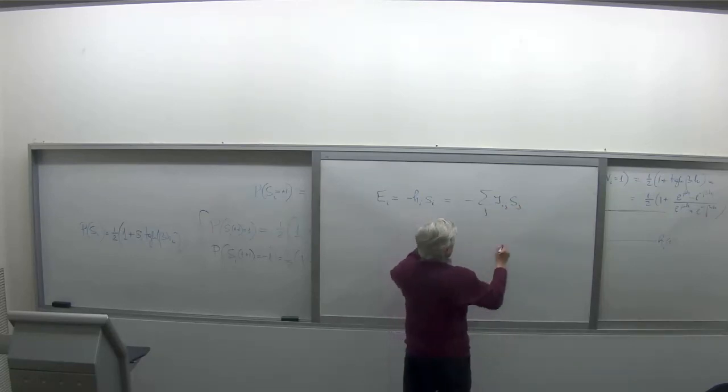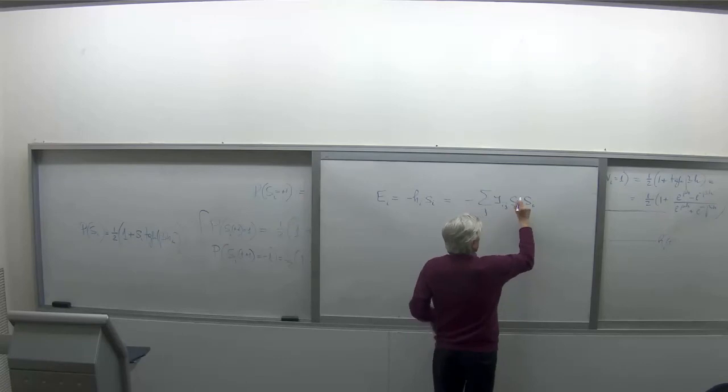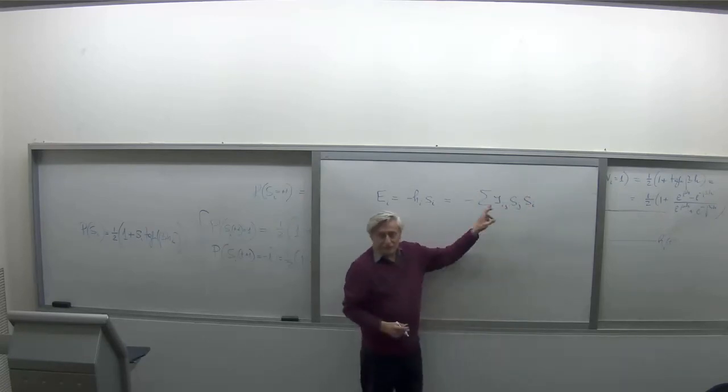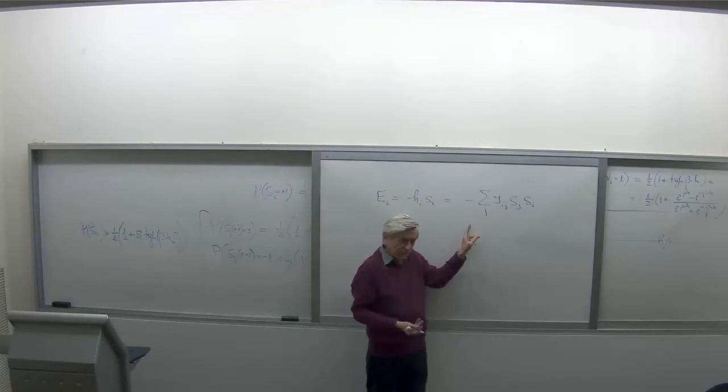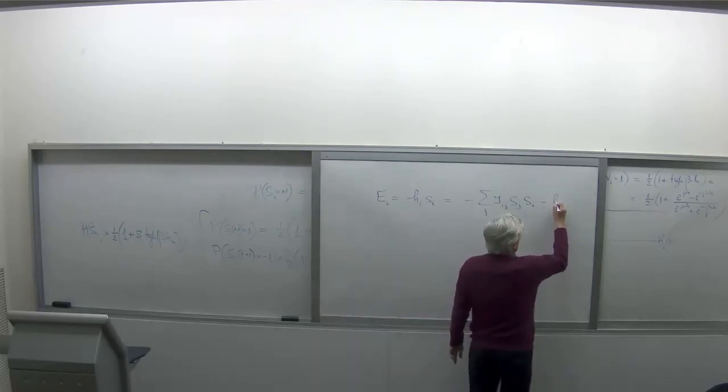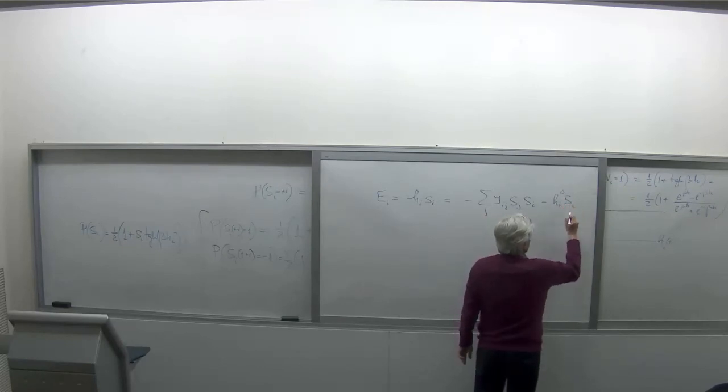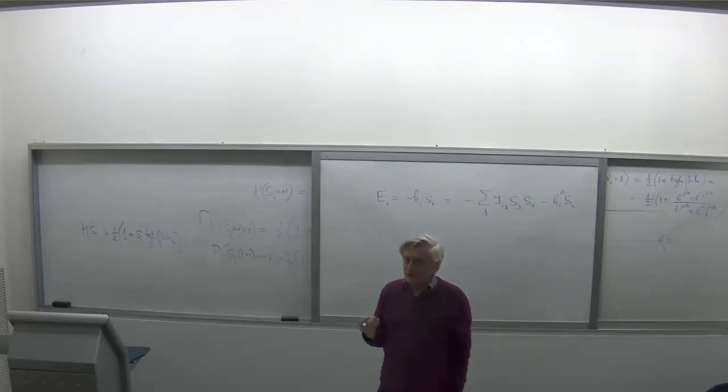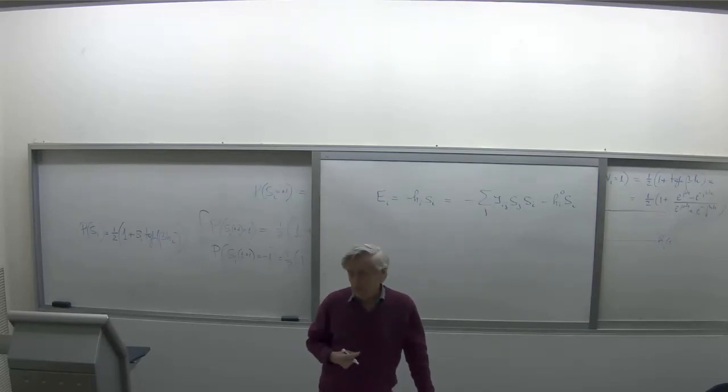times S_I. You see, this is the magnetic field due to interaction of all the other spins, minus H_I0 S_I. And now this is the energy of a single one, and what is the energy of the total system? I have to sum over I. But when I sum over I, I have to be very careful in physics, because then I double count.